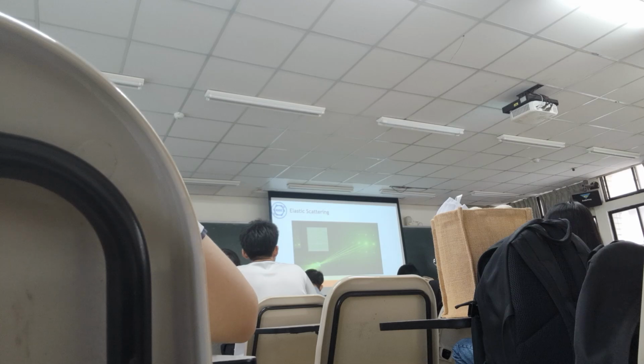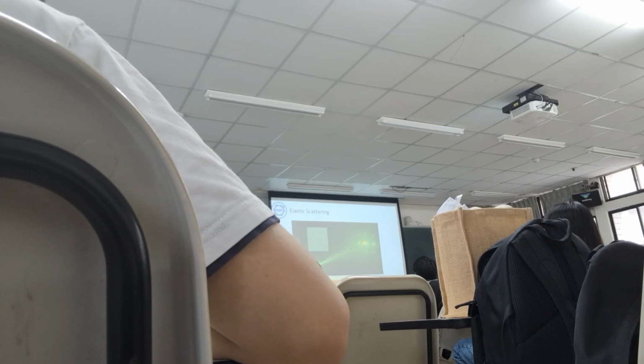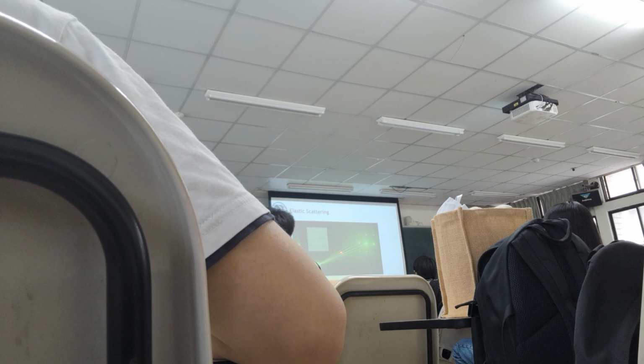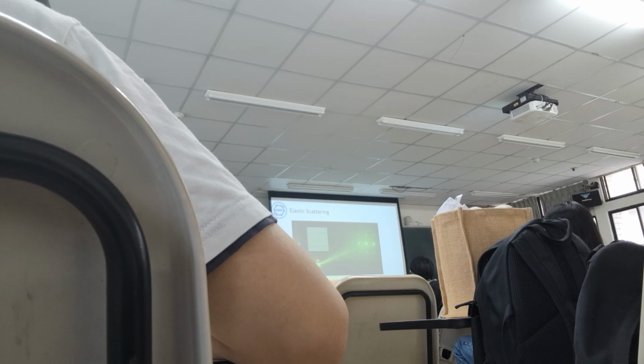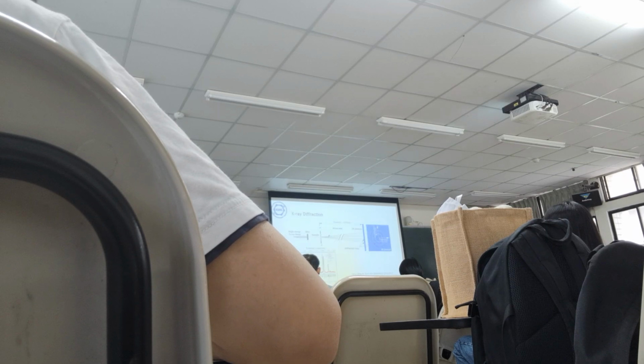This is the basic principle of XRD, and we see different patterns, like in a double slit experiment. But now our slit is the crystal spacing, the distance between two atoms, so we see the scattering from the distance of the atoms and we see the pattern.